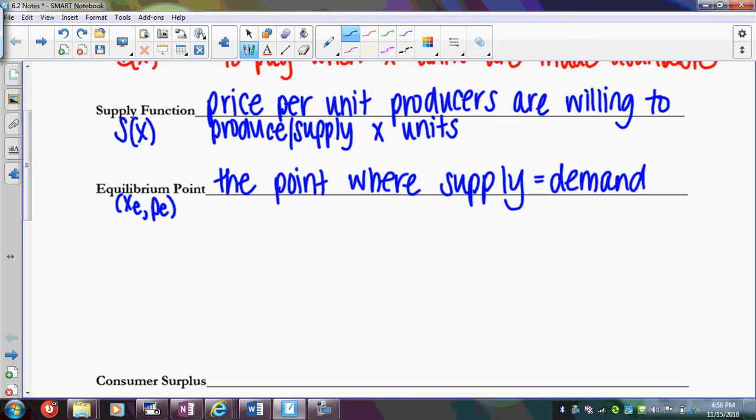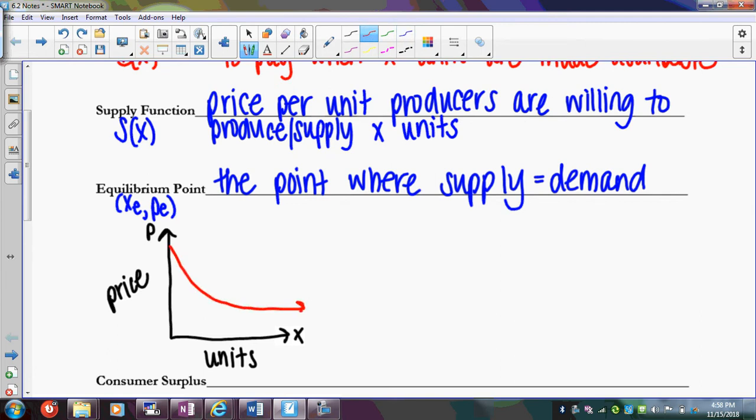So visually, let's just take a look at what that looks like. So if we have a graph here, and let's say that this is our x and this is our y, or p in this situation. So this would be price on the y-axis, this would be units on the x-axis. If we look at our demand function, demand is going to be decreasing. So something like this. So this would be our demand function, d of x. And then our supply function would be increasing.